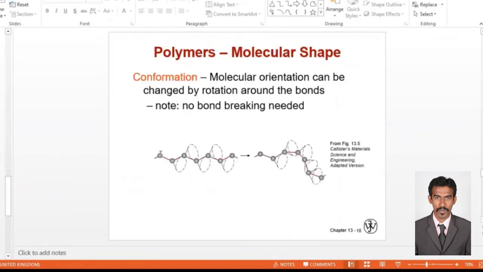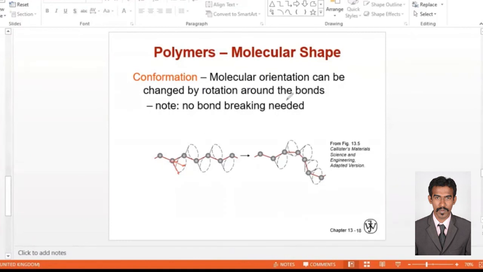Here again, these all are carbon, and this is the physical volume covered by these 3 hydrogens. One hydrogen would be here, one here, and the other here. This is the volume covered by the polymer.